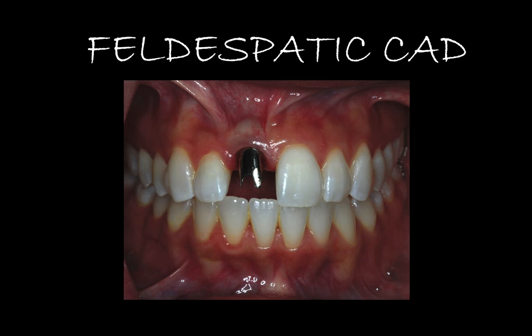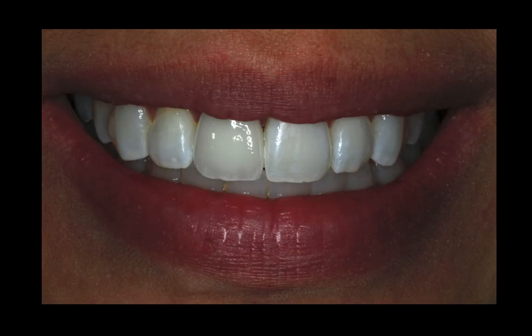But the thing is that this was an implant, and when you have a metal and you need to cover this, you need to cover it with something that is not low translucency, not high translucency. You need to cover this with an opaquer. So a CAD/CAM block will help. And this is the result.